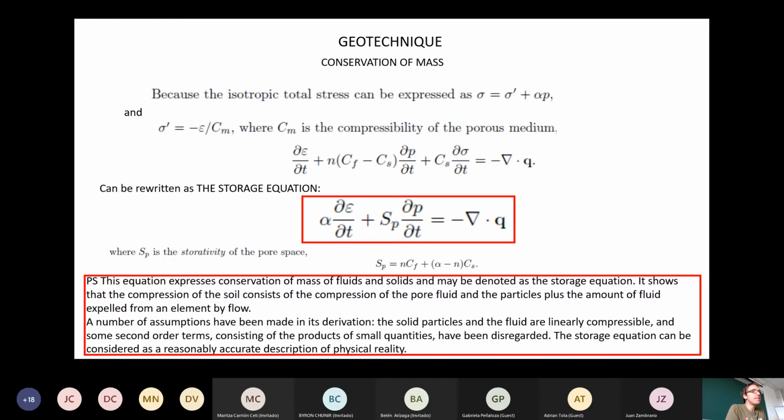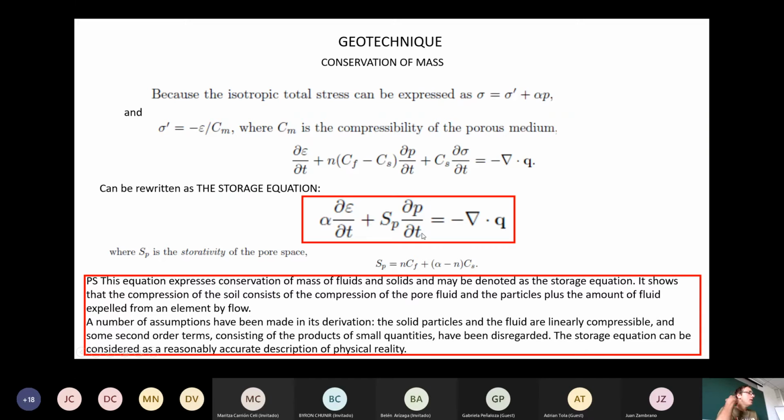The storage equation is a simplification because we are simplifying with the Terzaghi principle. So here we can see what we call Sp, that is storativity, and we have the first part that is epsilon, the gradient of the displacement. We have Sp that multiplies delta P over delta T, and we have the flux. Very, very simple. So it is very simple to remember, and this is what we will use in the application.